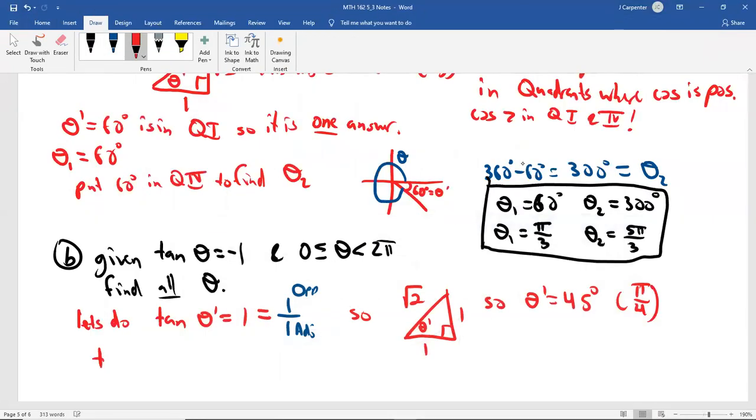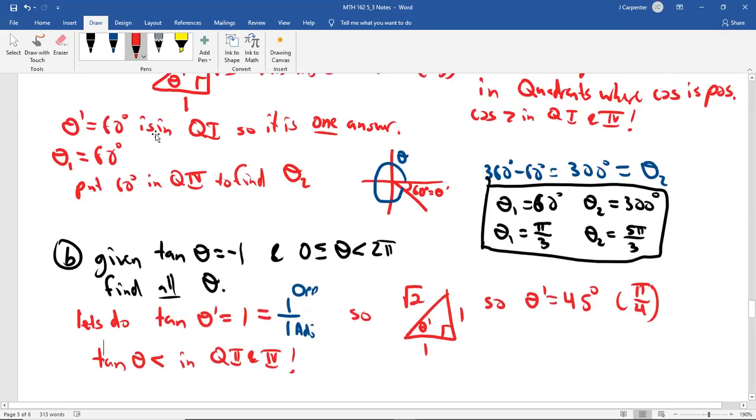So tangent of an angle is negative in quadrants 2 and 4. Last time the reference angle was one of the answers. That's not the case. Our answers are actually in quadrants 2 and 4, so we have to make sure we put our reference angle once in quadrant 2, then once in quadrant 4.